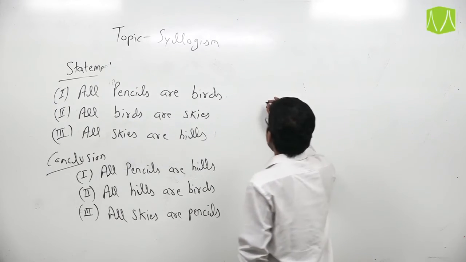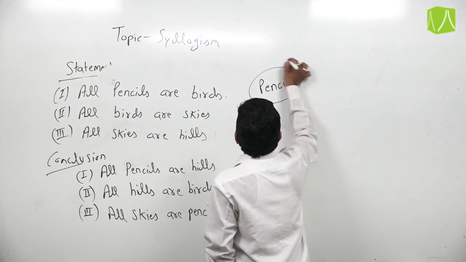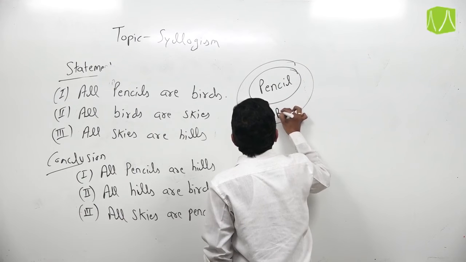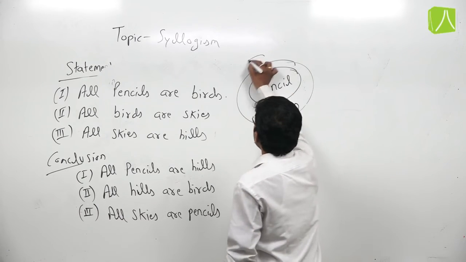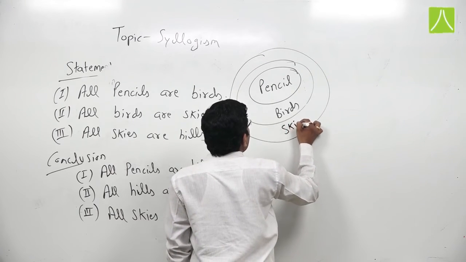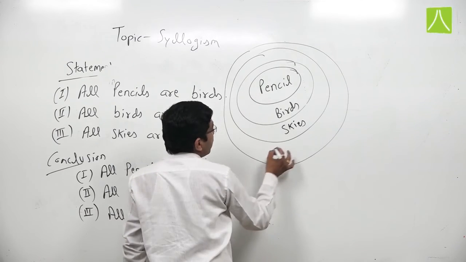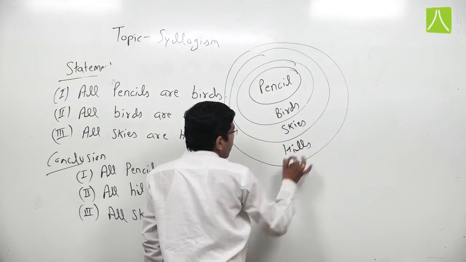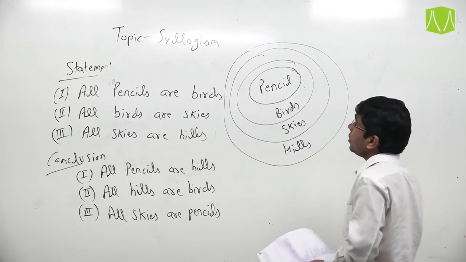All pencils are birds. We can define by diagram. All pencils are birds. All birds are skies, and all skies are hills. It is the basic diagram for this statement.